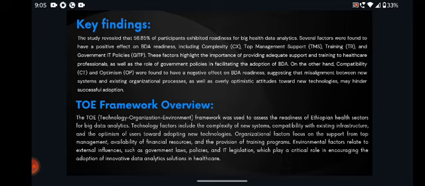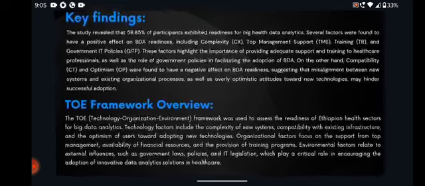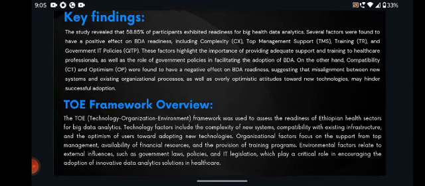The TOE framework overview. TOE stands for Technology Organization Environment Framework, and it was used to assess the readiness of Ethiopian health sectors for big data analytics. Technology factors include the complexity of new systems, compatibility with existing infrastructure, and optimism of users towards adopting new technologies.